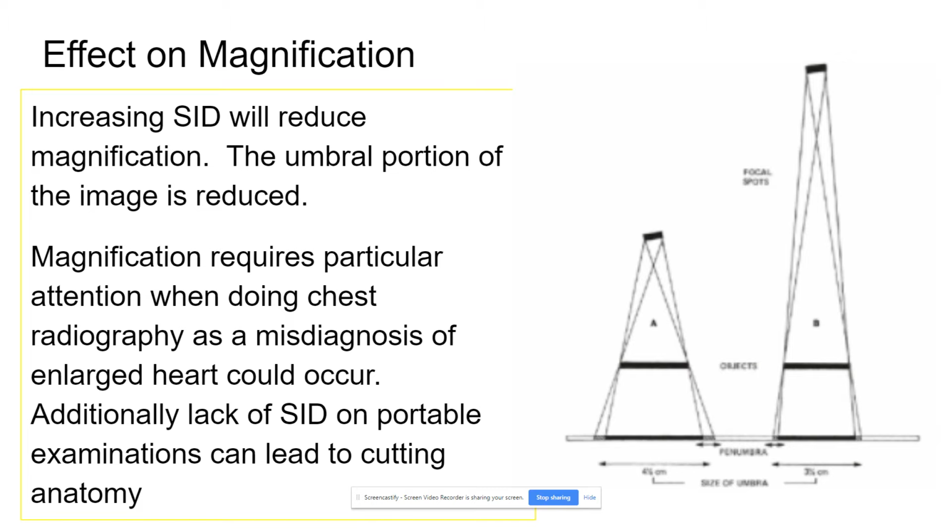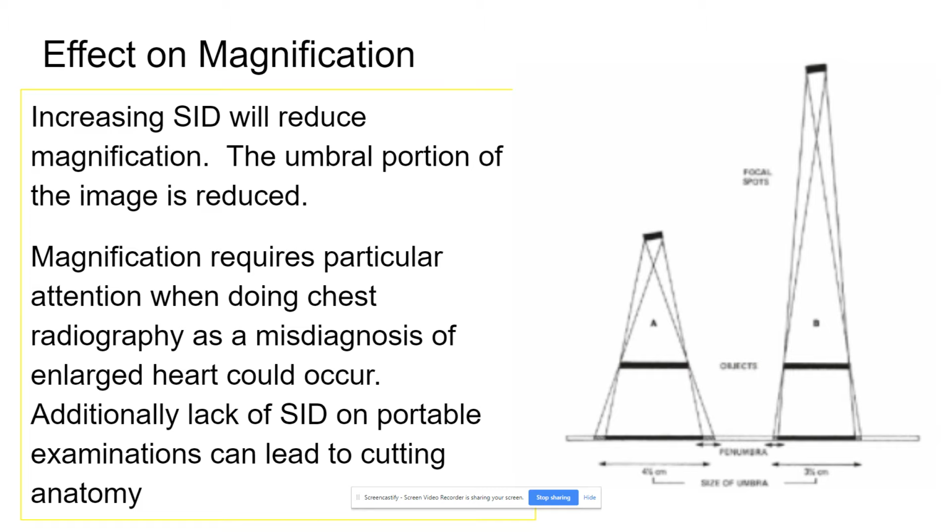That'll help, hopefully, prevent you from cutting anatomy. So when you have a patient that's semi-erect, right, in the stretcher and you sit them up, you want to bring that tube back as far as you can. And if you're doing an AP supine chest, you want to bring the tube up as high as you can. You're not going to get 72 because you just can't reach it.